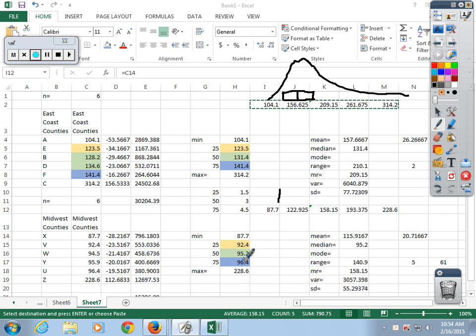And 95. Good gracious. It's right down here. And 96. It's way, it's like this. There's your box right there. So this shows you that what? Looks something like that.